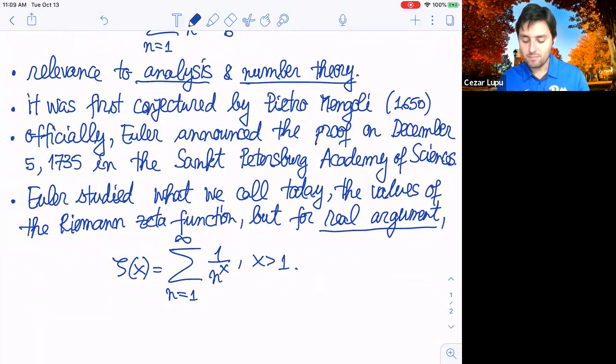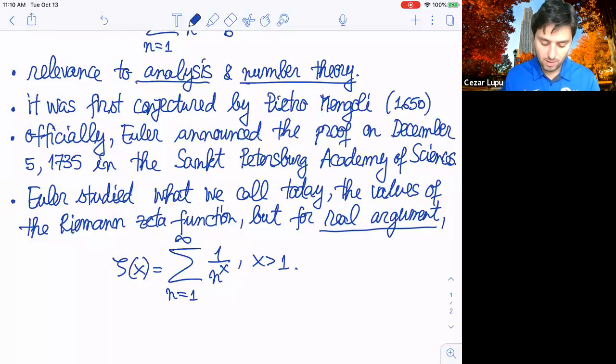Well, probably you have seen this. In fact, this is taught even in Calc 2, I believe, when you discuss the convergence of series, and you know the harmonic series, and you know that this converges when x is greater than 1. Well, like I said, Euler studied the values of this.